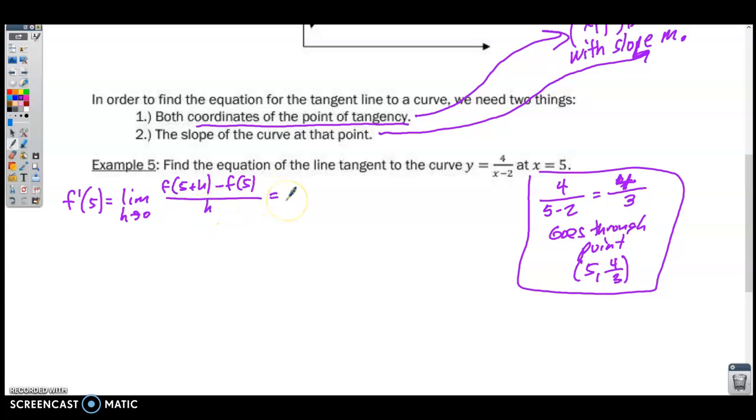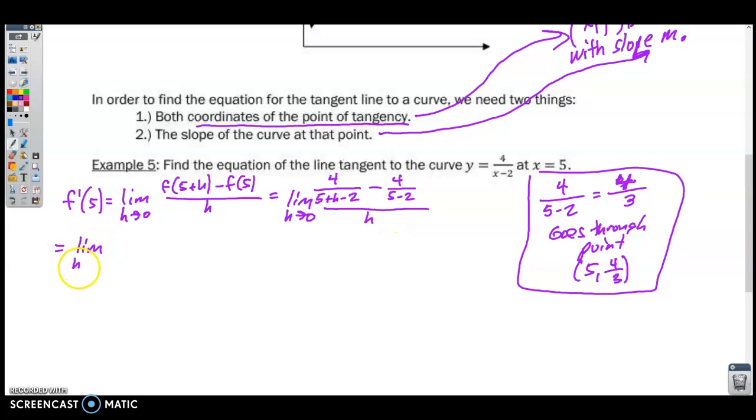And so now I'm going to put 5 plus h into my function, and I'm going to put 5 into my function, and I'm going to go ahead and simplify.